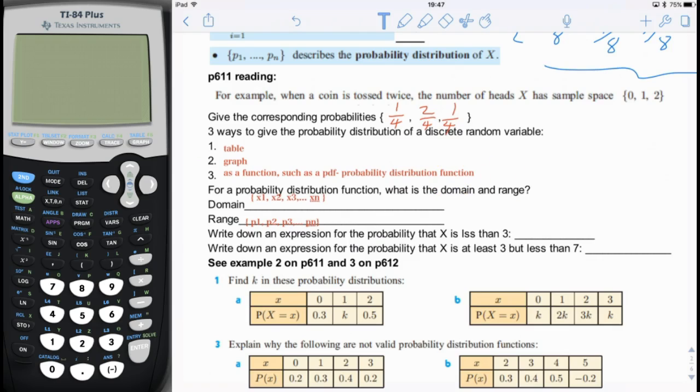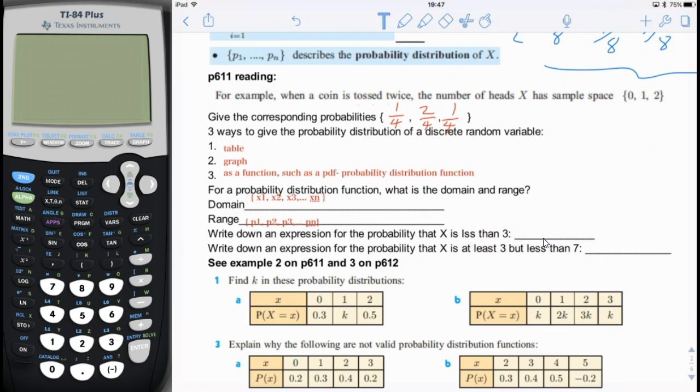And when you have a probability distribution function, what is the domain and range? The domain is all the outcome values here. Remember, those are small x, and the range is the p-values, the probabilities for each outcome. Write down an expression for the probability that X is less than 3.